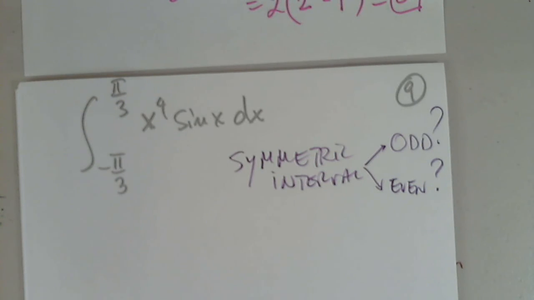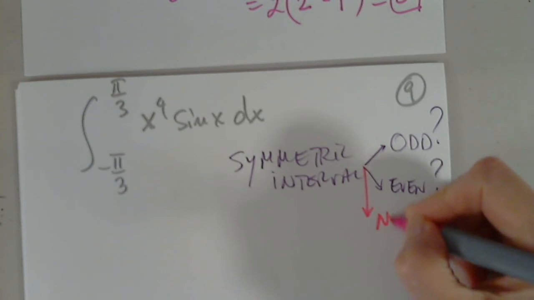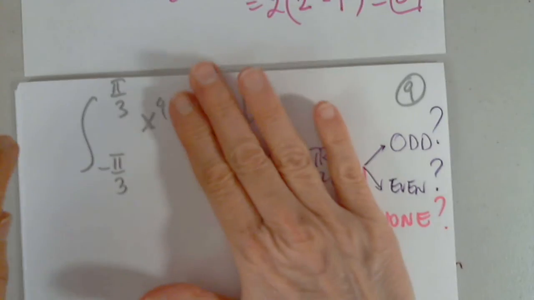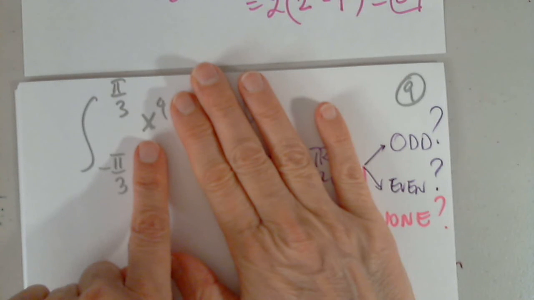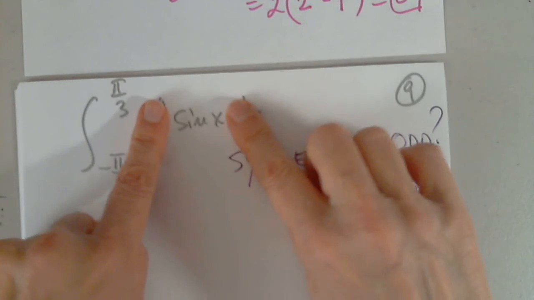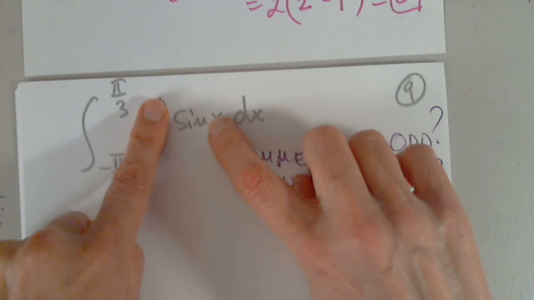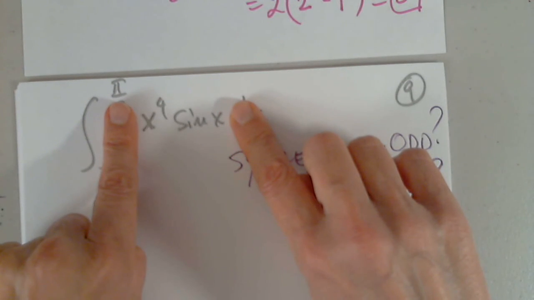It doesn't have to be. So this piece is even for sure. What about this piece? It changes sign. Right. So this is odd. So then the entire thing is odd.